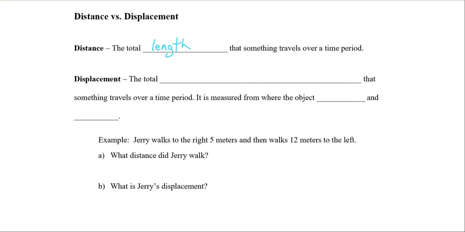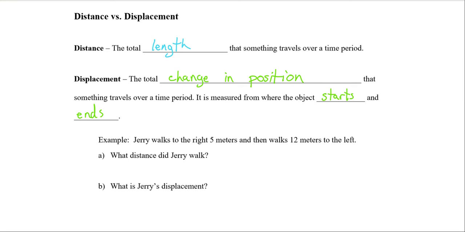The displacement is the total change in position that something travels over a time period. So if you want to know the change of position, you're actually going to measure from where the object starts and where the object ends. Anything else in between doesn't really matter. All you care about is where it changed from start to end.